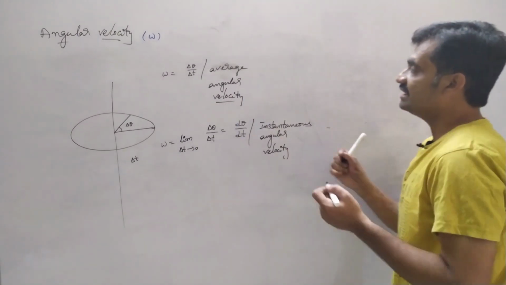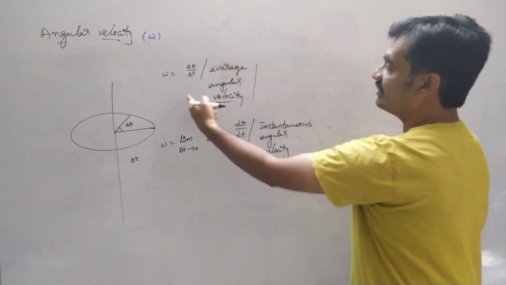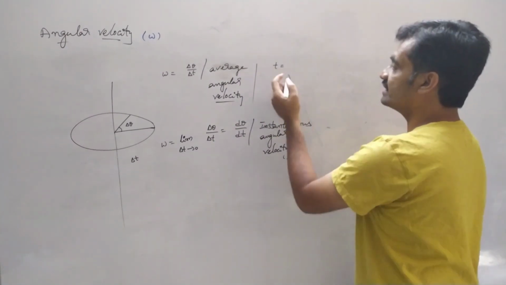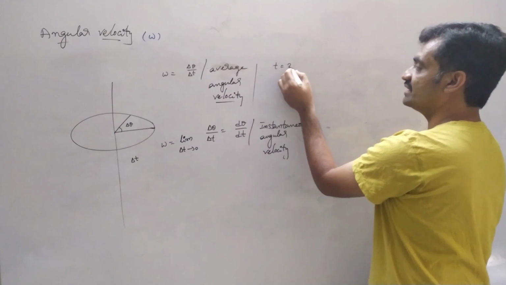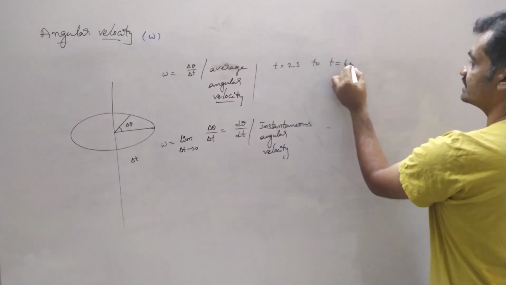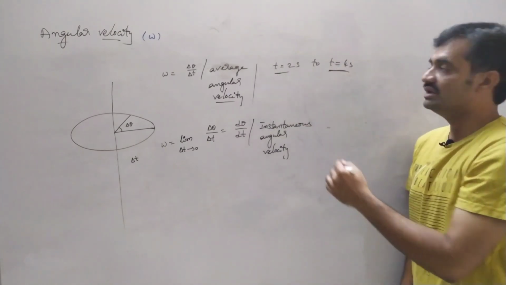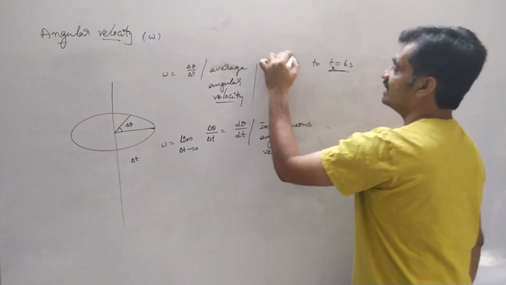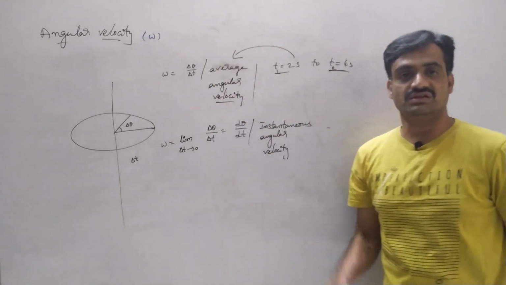We can remember this as follows. If two times are given in the problem, for example if a body has changed its position from t equals 2 seconds to t equals 4 seconds, so that we have two times t1 and t2, then we apply average angular velocity.